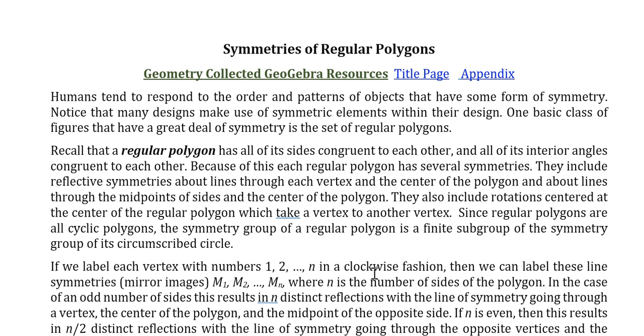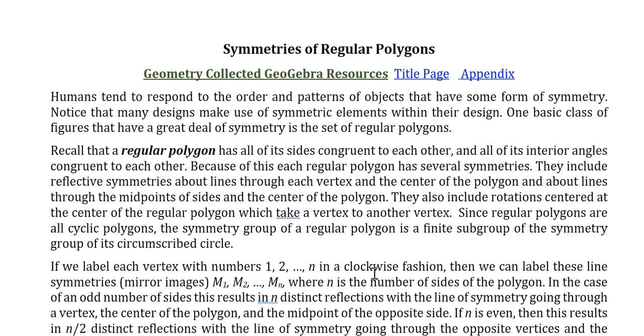Since regular polygons are all cyclic polygons, the symmetry group of a regular polygon is a finite subgroup of the symmetry group of its circumscribed circle. Notice that the center is going to be both the incenter and the circumcenter.